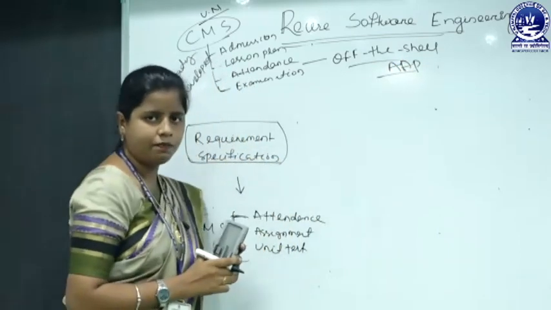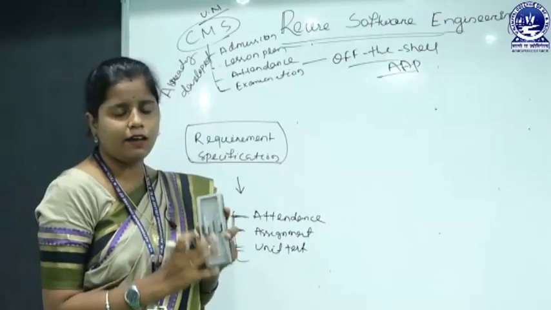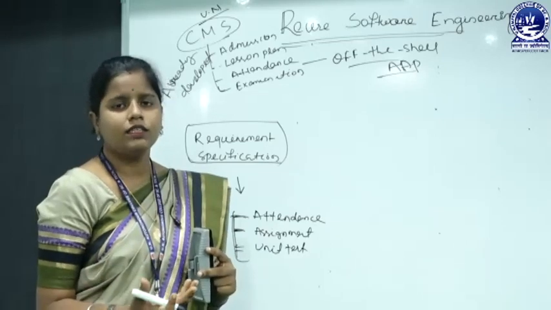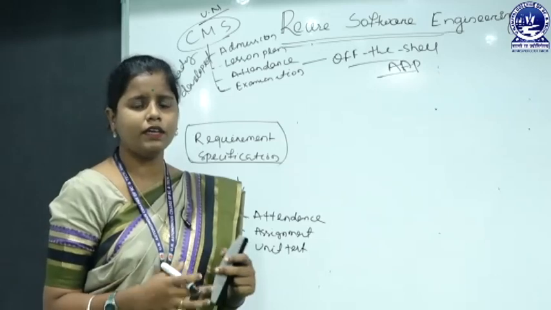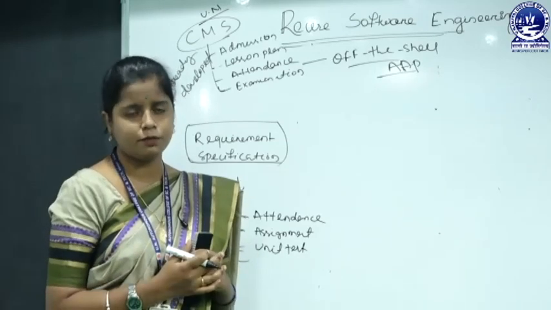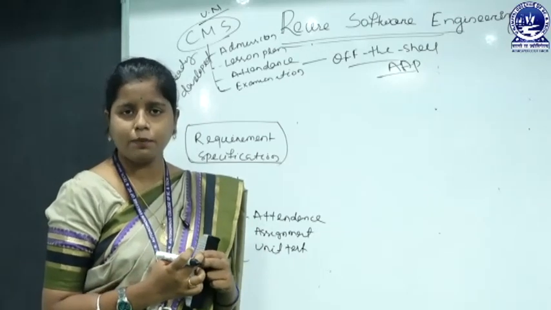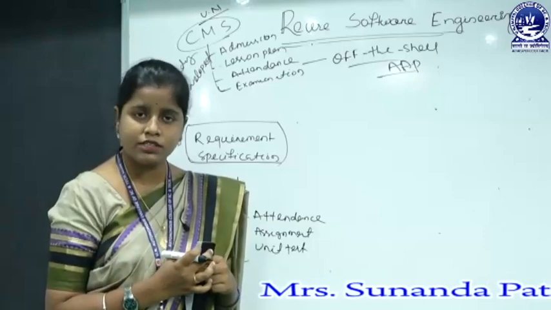Off the shelf application means they are readily available with us, because suppose we are professional software developers and we have been developing a lot of software, a variety of software. So, we encounter different types of requirements. There are different sets of customers and their requirements are also different.